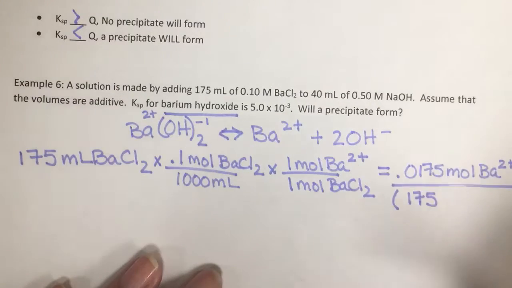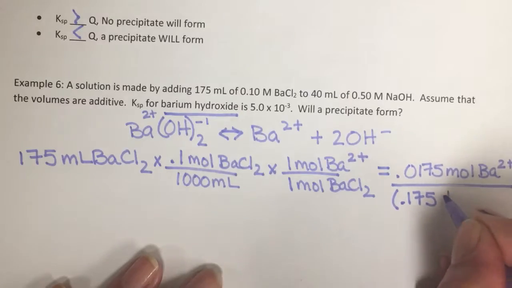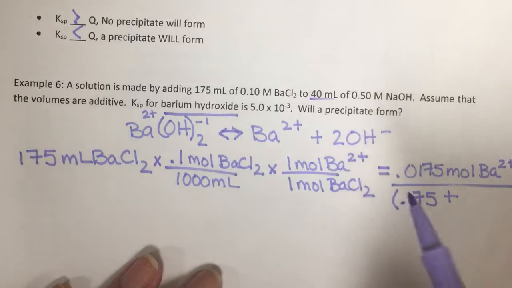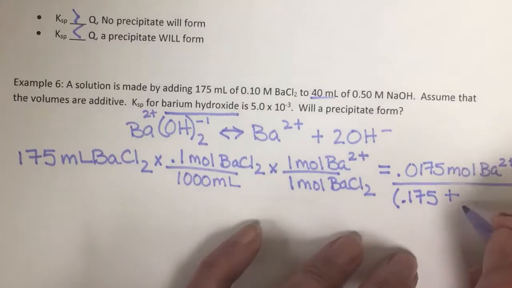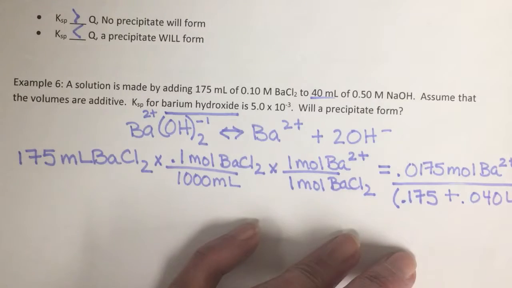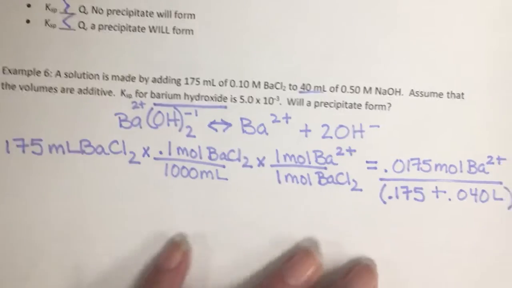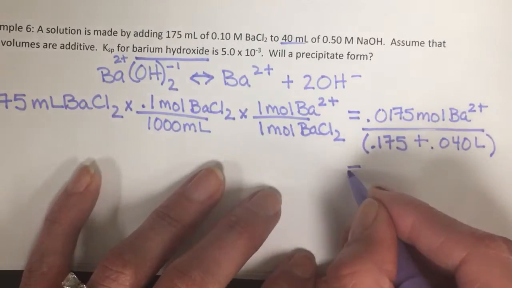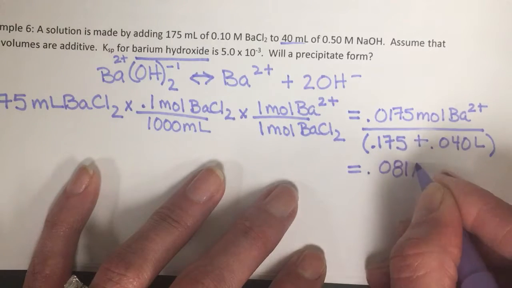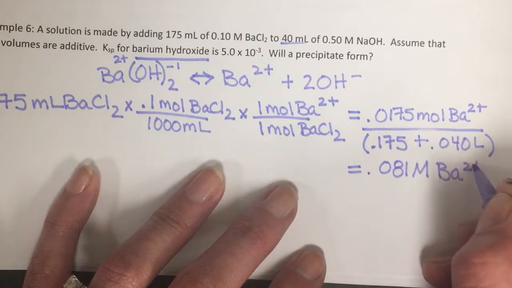Since concentration is molarity, I'm going to change that to liters. I added it to 40 milliliters of NaOH, so 0.040 liters. That will give me my total volume of solution. So I get that I have 0.081 molar Ba2 plus.